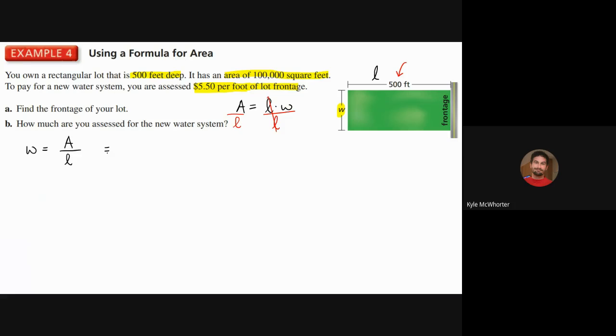So then we just need to substitute in what we know. We know that the area is 100,000 square feet. The length is 500 feet.